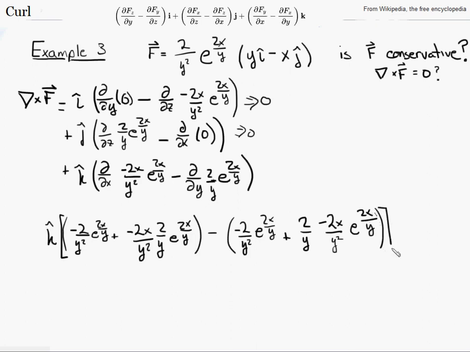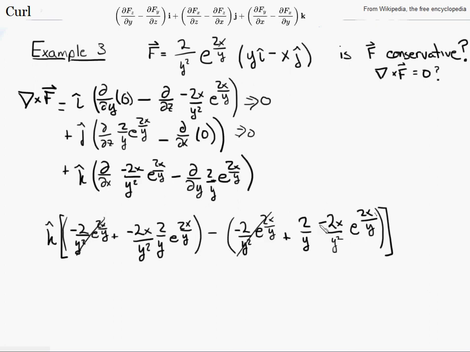Okay. Then I want to know if all this stuff is equal, so I'm going to check it term by term. The first term I have negative 2 over y squared, and I have a minus, and I have the exact same term here. So those two are the same, and then if this component cancels with this component, my field is conservative. So on top I have negative 4x.